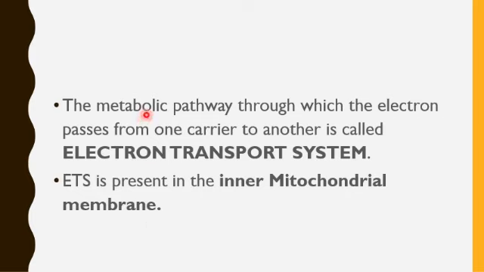The metabolic pathway through which the electrons pass from one carrier to another is called the electron transport system or electron transport chain. The electron transport chain is present in the inner mitochondrial membrane.